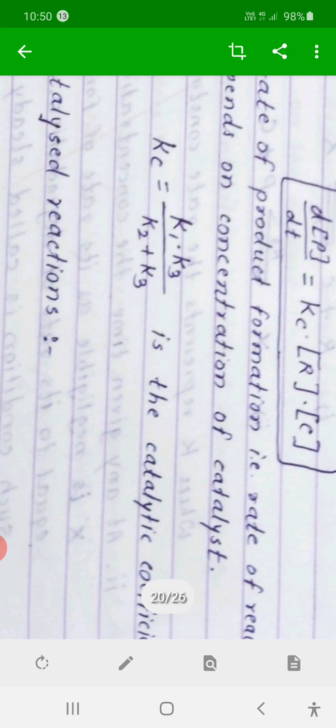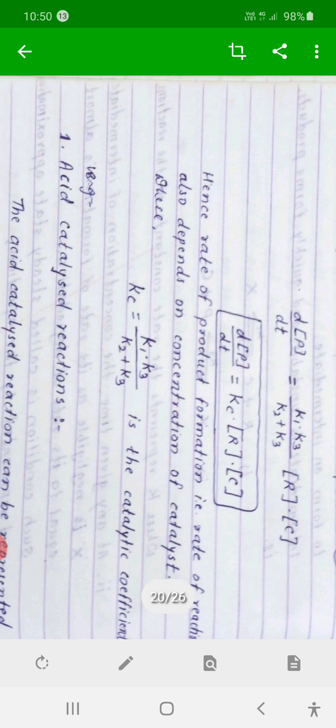C here is the catalyst. So product formation depends on the concentration of reactant as well as the concentration of catalyst, that is C. And here the new constant Kc, which is equal to K1 into K3 upon K2 plus K3, is known as the catalytic coefficient. We discussed the mechanism for a catalytic reaction by considering a general reaction.